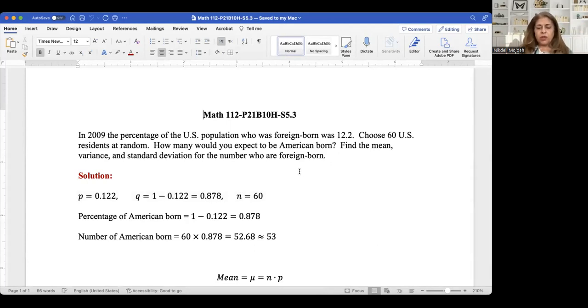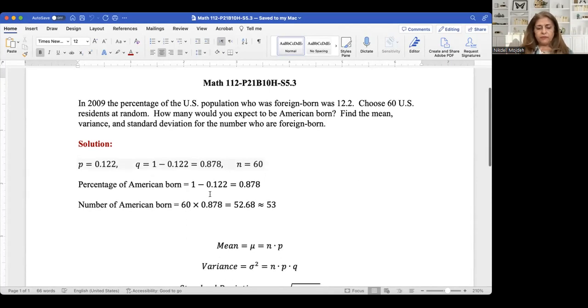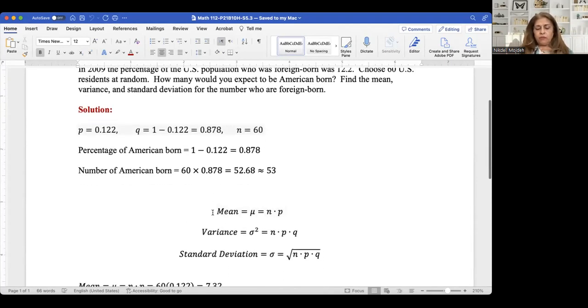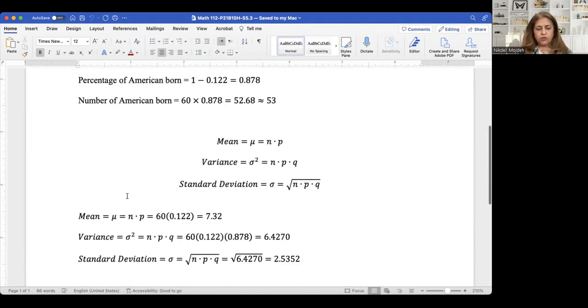So for the second part, P is 0.122, Q is 0.878, because we are dealing with foreign-born probability and American-born probability. The mean, which is mu, is n times p. Since I'm dealing with mean for foreign-born, my p is 0.122. So you get 60 times 0.122.